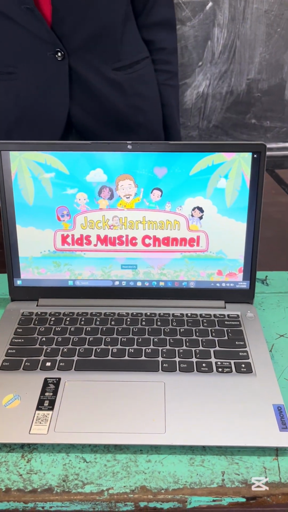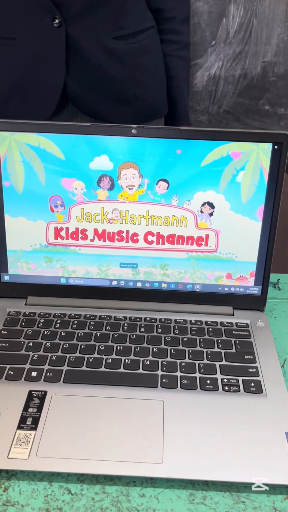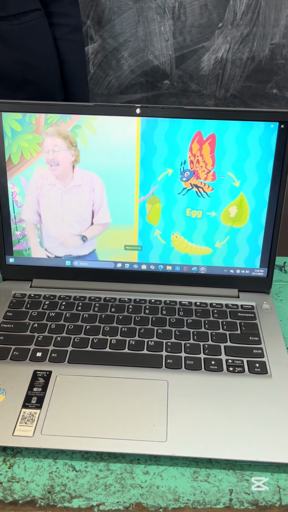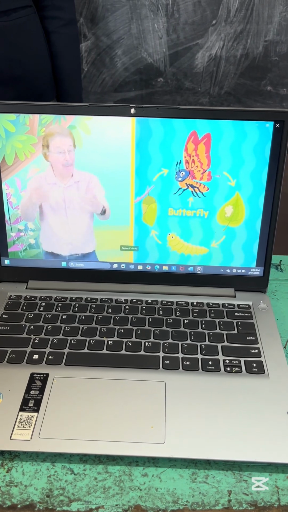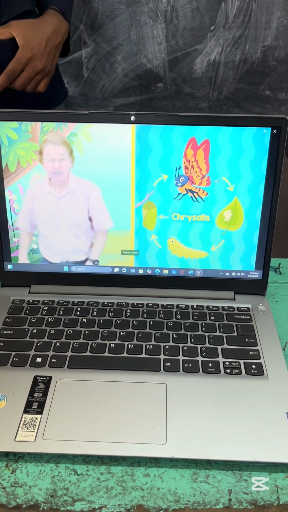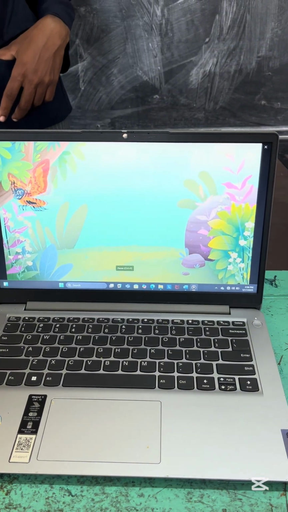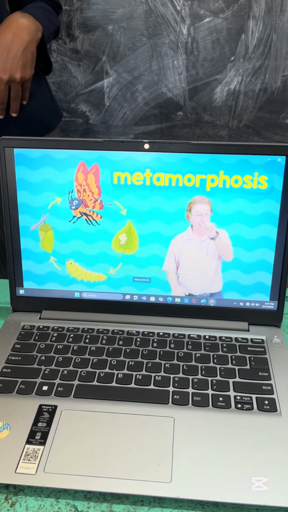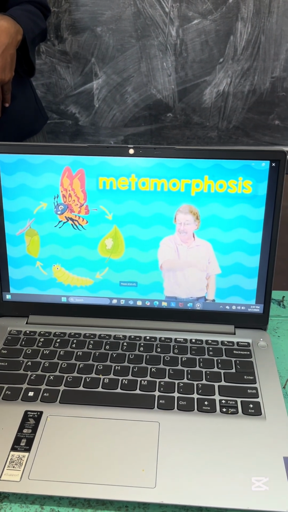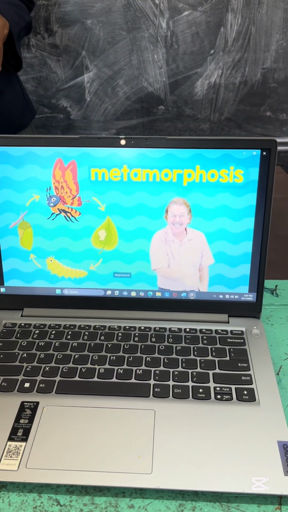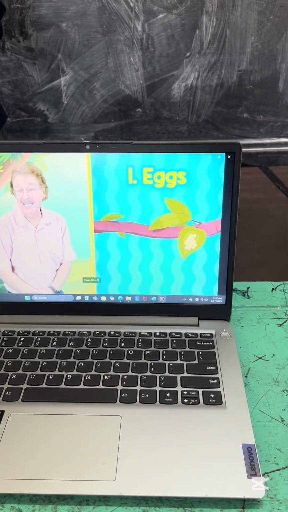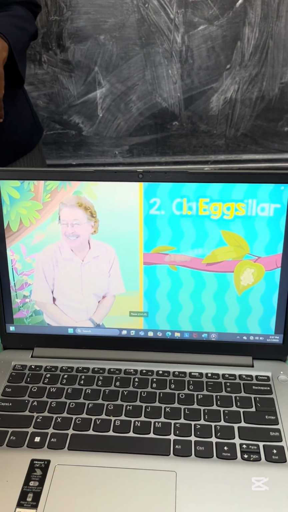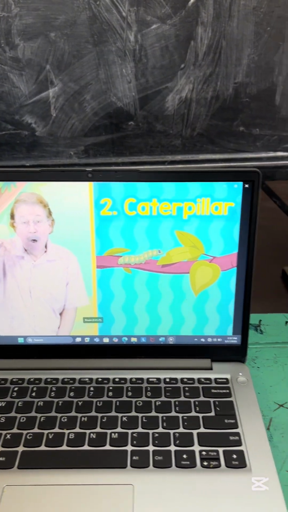Butterfly egg, caterpillar, chrysalis. Flutter and fly in the sky. That's the life cycle of a butterfly. Changes, changes, round like this. It's called metamorphosis. The butterfly lays her tiny eggs on a leaf. They're so tiny and hard to see. The eggs hatch into a small caterpillar.